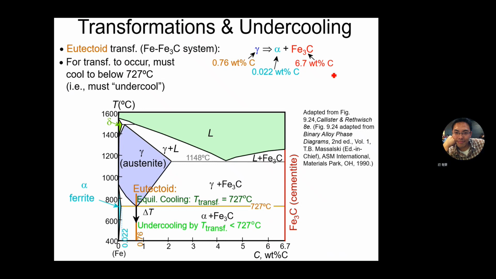That means a solid phase converts into two solid phases. So this phase diagram shows the iron and carbon phase diagram, and there's a specific composition of carbon to form an intermetallic compound.